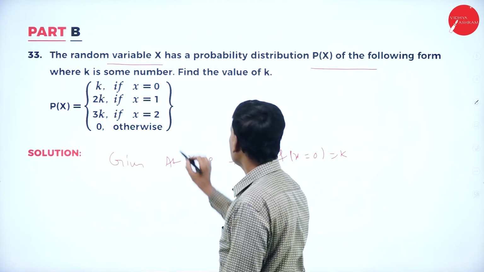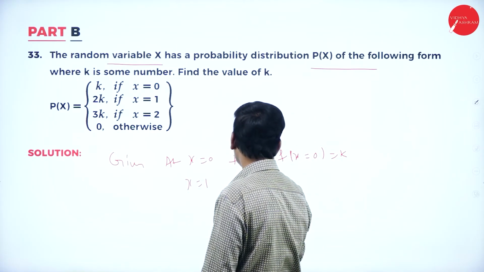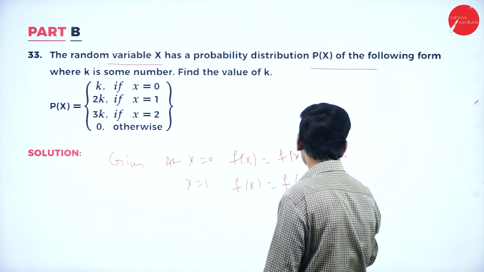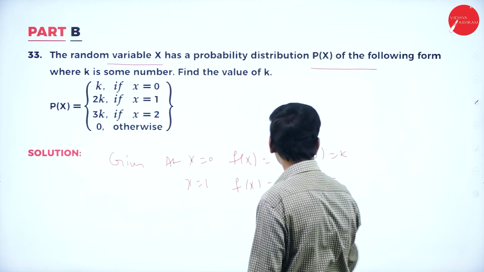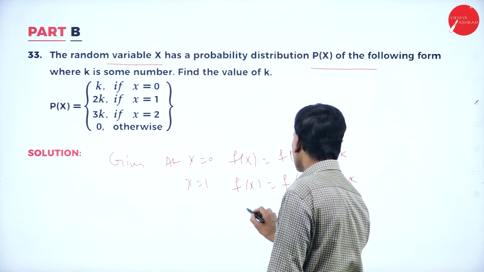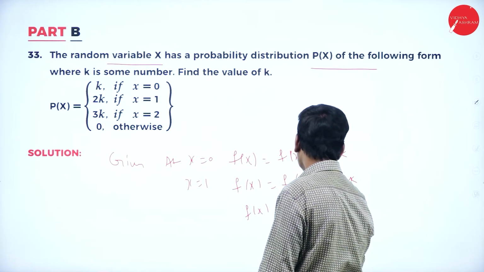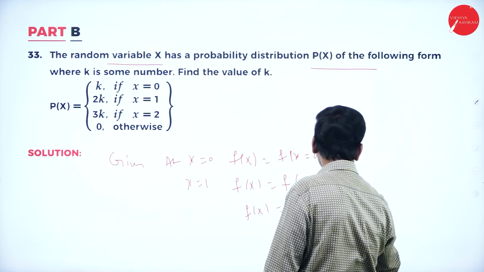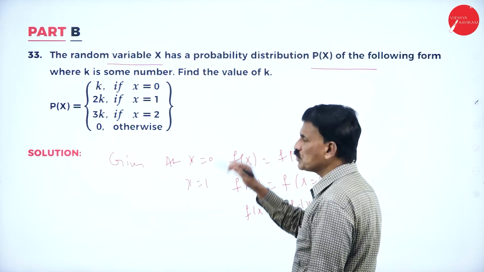Then at x is equal to 1, it is 2k. And at x is equal to 2, it is 3k and 0 otherwise.